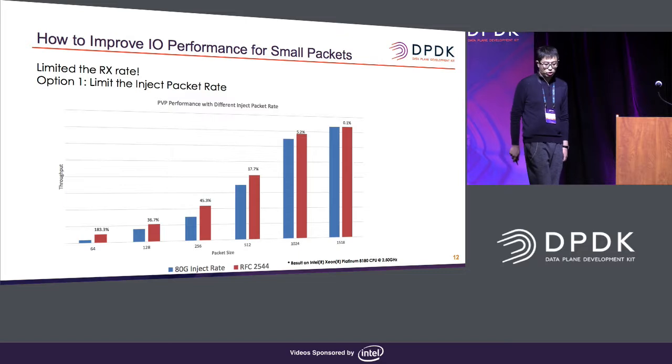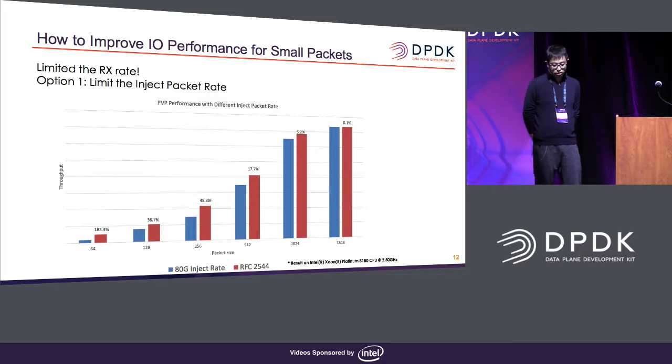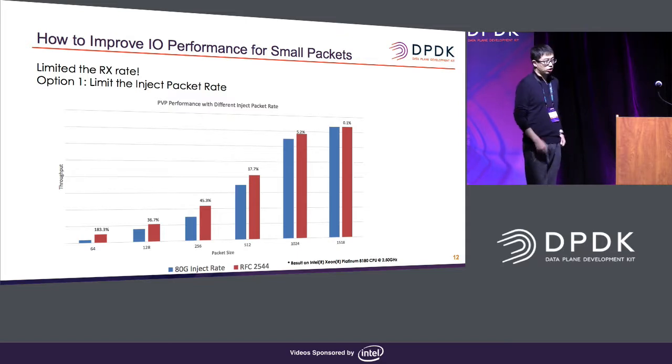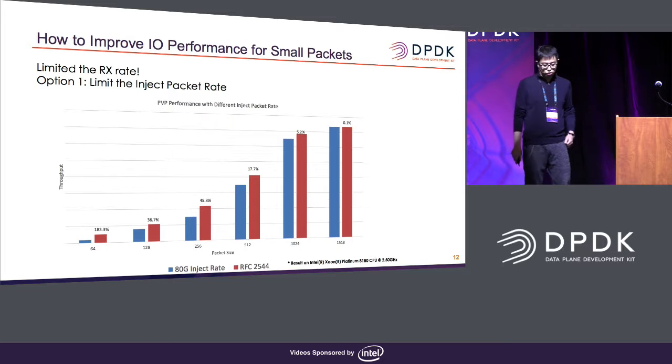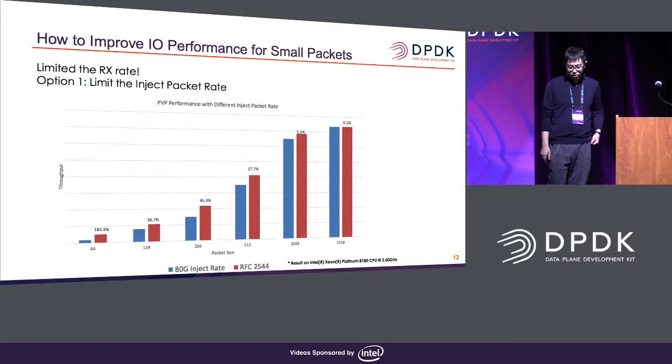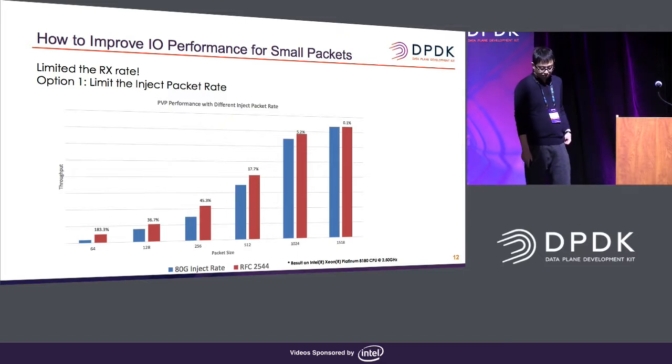This is the table where we inject 80 gig throughput to the RX side, and compare with the zero packet loss run. In zero packet loss, the RX will always be equal to the TX. So we can see that if we reduce the RX rate to balance the TX throughput, we can almost get triple the performance gain on the small packets.